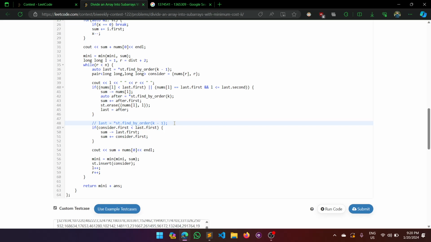Okay, what if L was already part of that? Oh, we're removing L here. Okay.